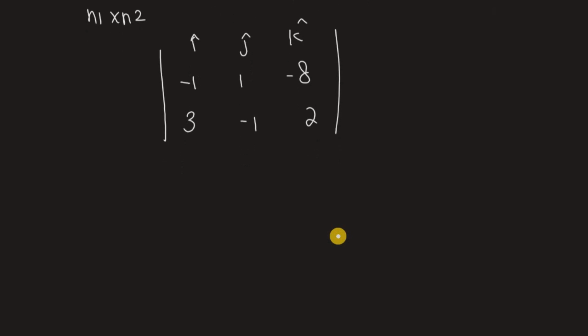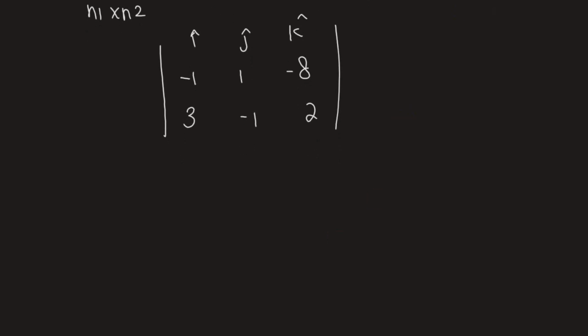Alright, once we have this, it's really simple to take the cross product. What you're going to do first is cross out the i hat row and column. Once you cross this out, you're just going to multiply in this direction, top to bottom, and then negative bottom to top.